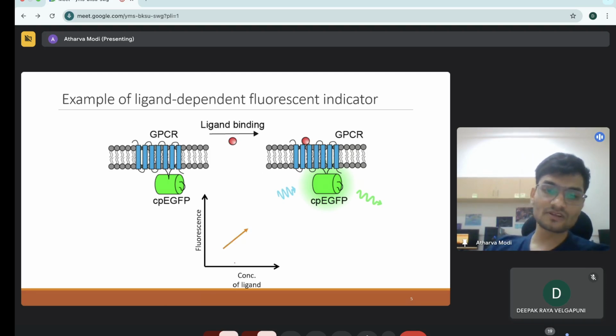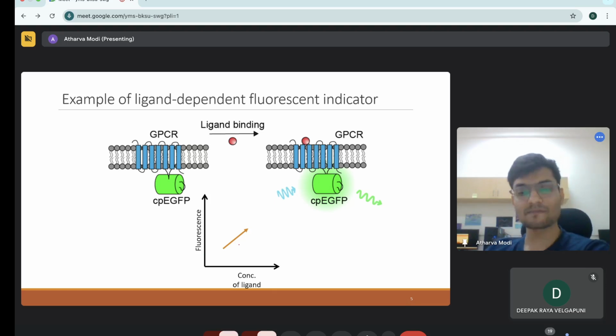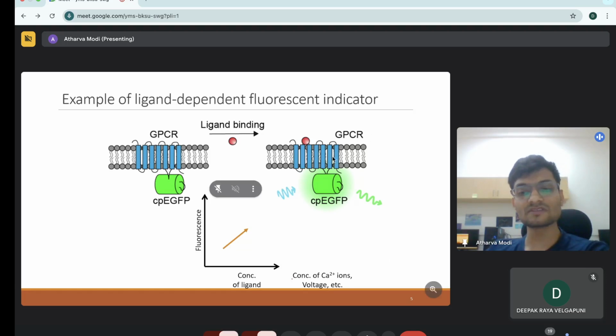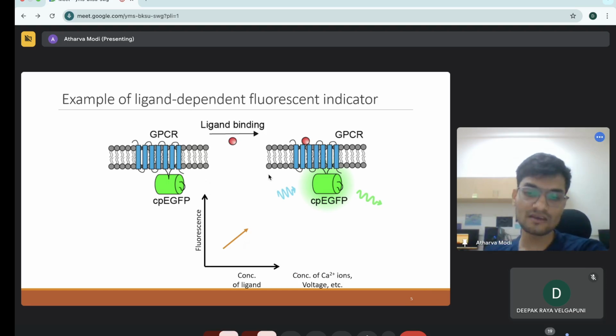So the fluorescence increases as the concentration of ligand increases. Now, you can design different kinds of proteins. You can design proteins which vary fluorescence based on the concentration of calcium ions, which is not a ligand, it's an ion. You can change it on the basis of voltage, or on the basis of the presence of different chemicals.